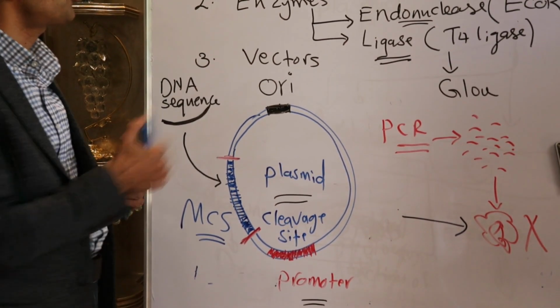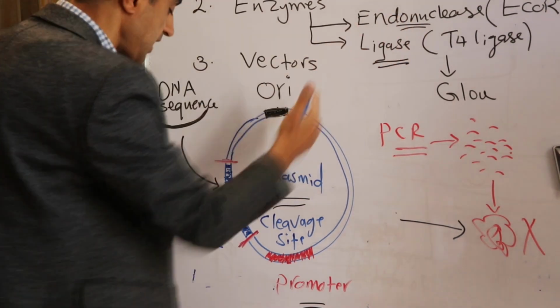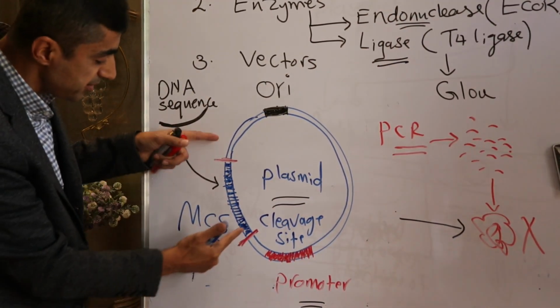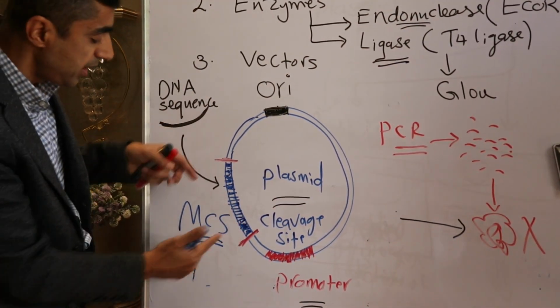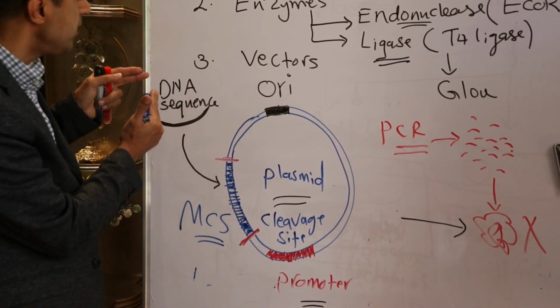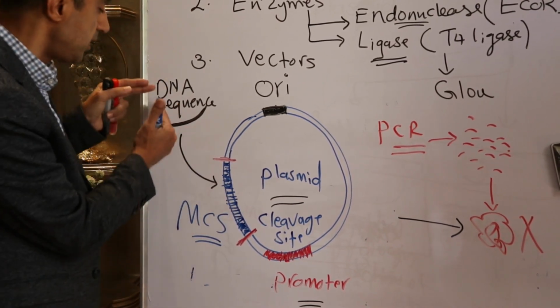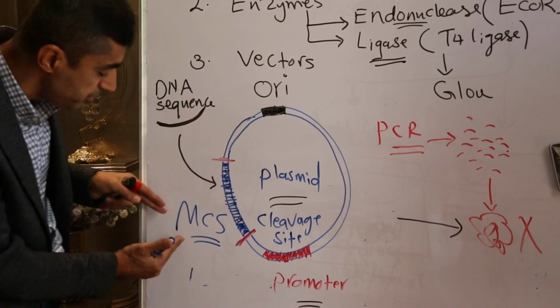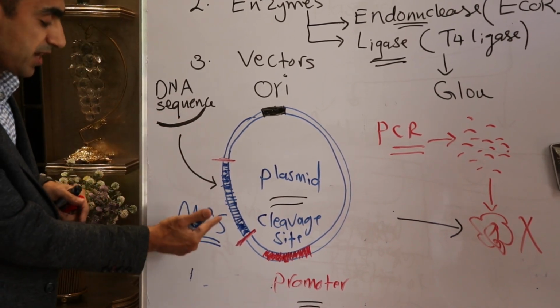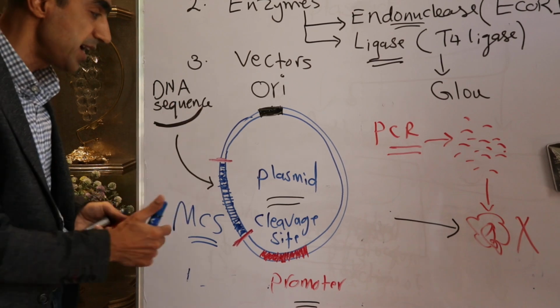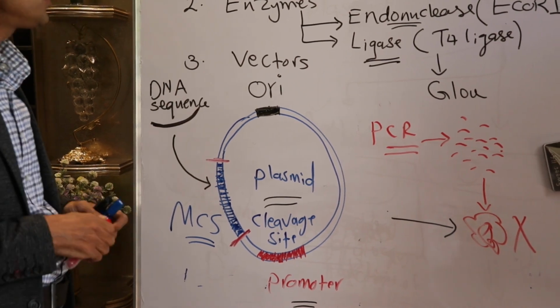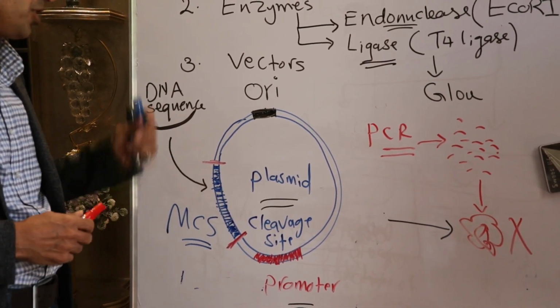The restriction endonuclease enzyme can easily recognize these two sites and cut them. Then we can insert our gene sequence into the MCS, the multiple cloning site. So this is the second issue.